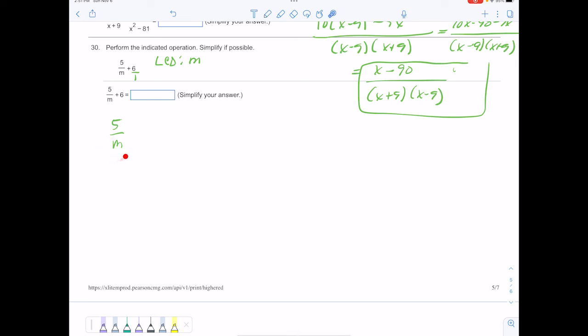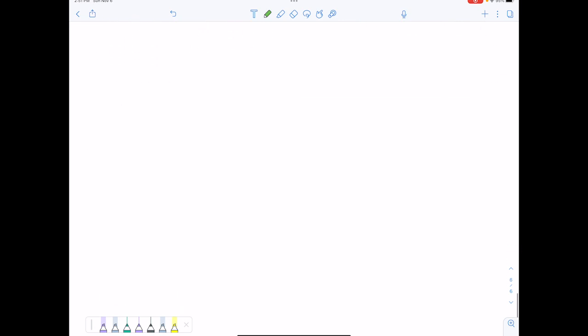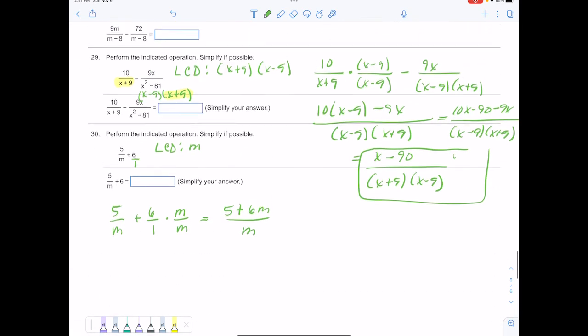This already has an m, so I don't need to worry about it. But 6 over 1 does not have an m. Now I have the same denominators because I have an m, and 1 times m is m. So now you just have 5 plus 6m divided by m. And that would be it.